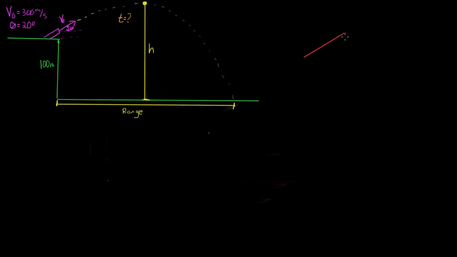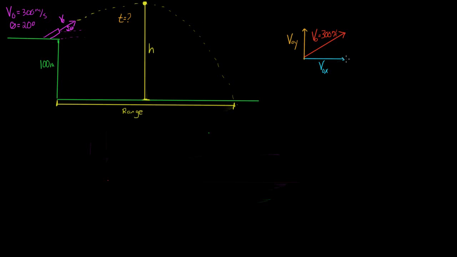So if we look at what we're given, an initial velocity v naught is equal to 300 meters per second. And we know that we're going to have an initial x velocity, and we're going to have an initial y velocity, and this is going to be our v naught y.